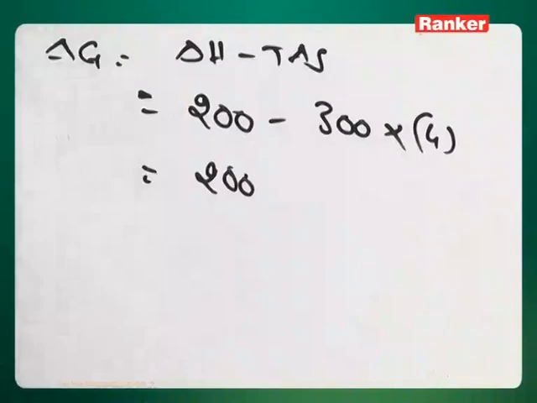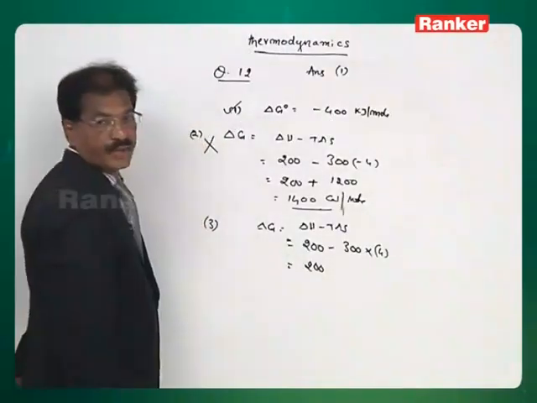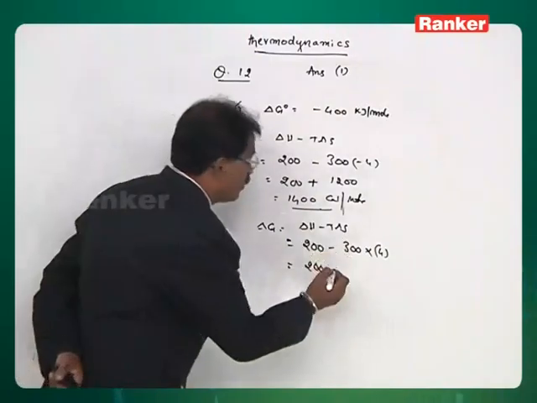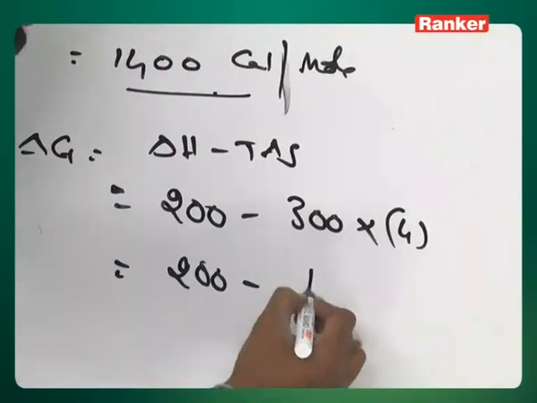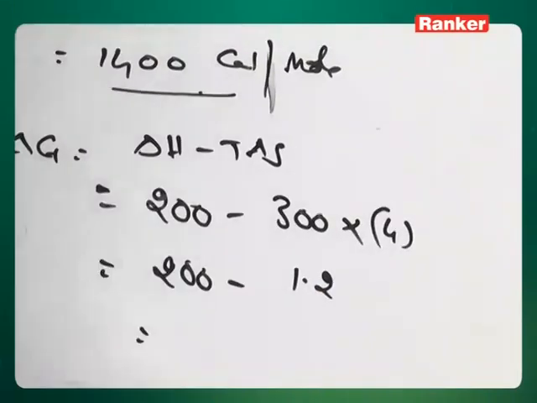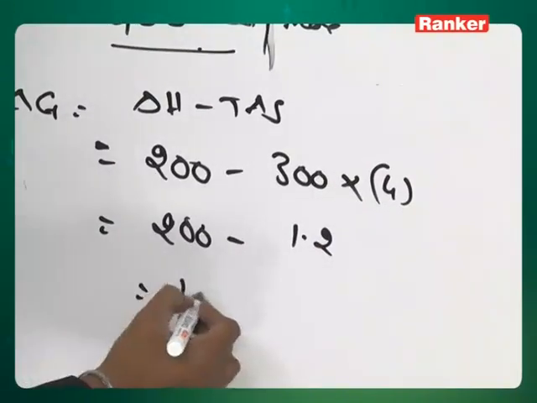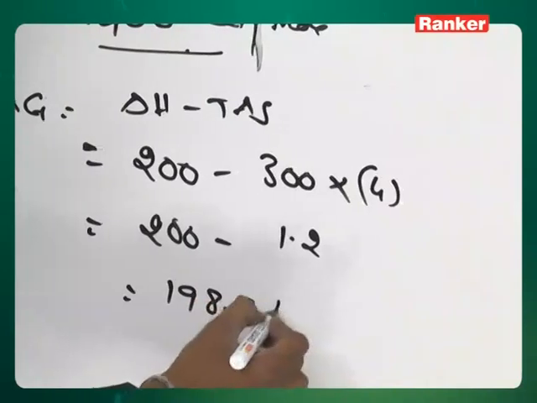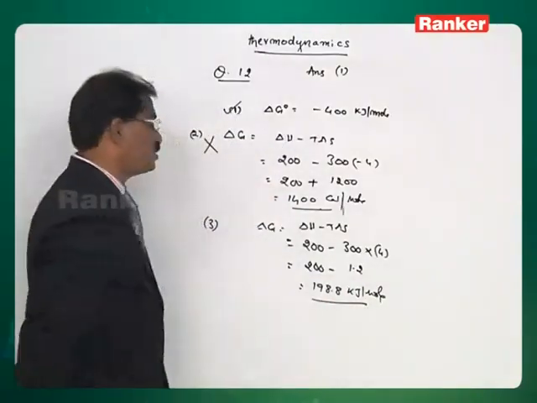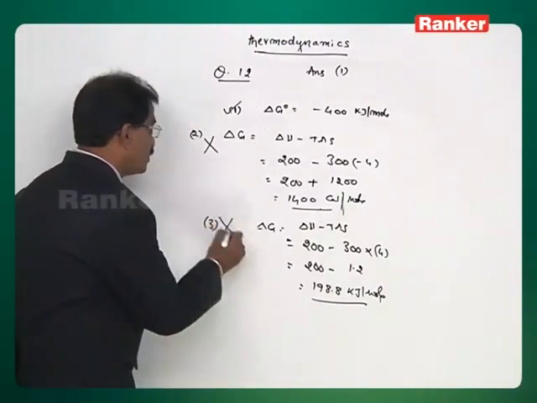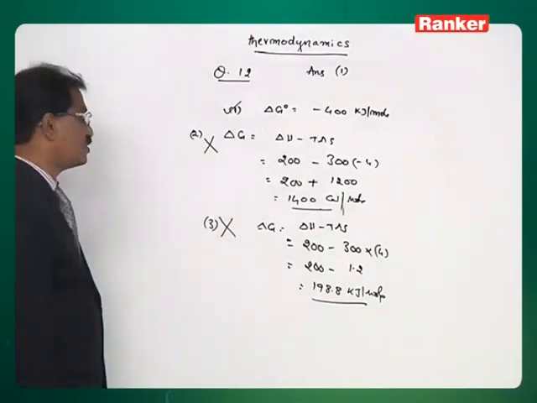Therefore, this is 200 kilojoules. This is minus 1200. 1200 means minus 1.2 kilojoules. Therefore, this is 198.8 kilojoules. Again, the free energy change has become positive, hence the reaction is non-spontaneous. Therefore, the third option is also wrong.